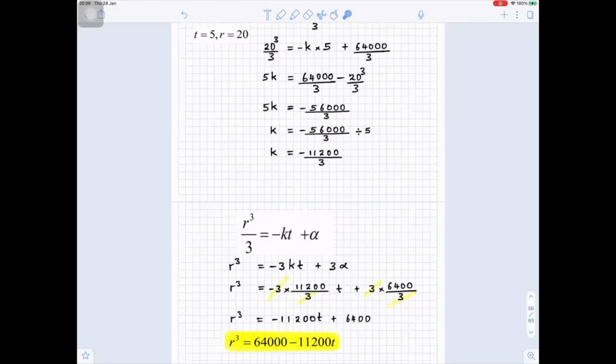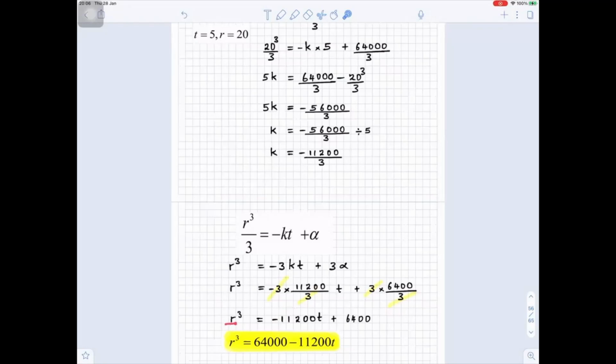Now we substitute k. k is minus 11,200 over 3 and alpha is 64,000 over 3. So we substitute k and alpha, and we simplify, the 3's will cancel.